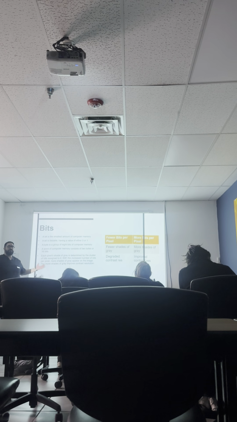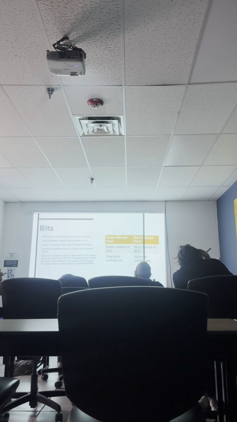Okay, if we put a group of bits together, then we get a byte. A byte is a group of 8 bits of computer memory. A word of computer memory consists of 2 bytes, or 16 bits. So a bit is what?